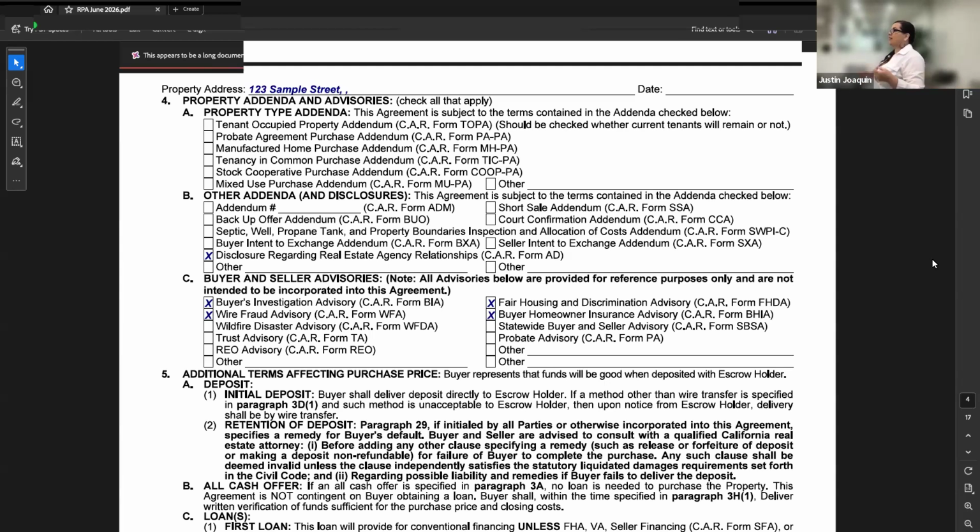What they did is they cleaned up the bundle. We call it the bundle. You know what the bundle is, right? The bundle is when you go into zip forms, and it bundles all the different miscellaneous forms. So they cleaned that up to match what the bundle really looks like. So we have AD, and then C, they cleaned it up as well by adding the BHIA, the Buyer Homeowner Insurance Advisory.